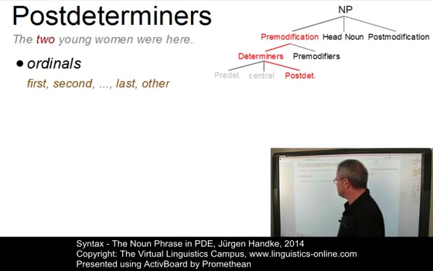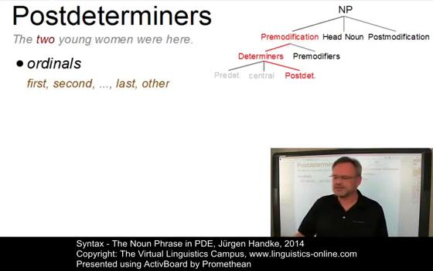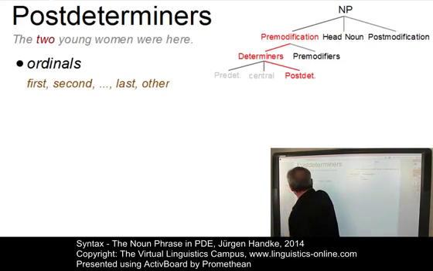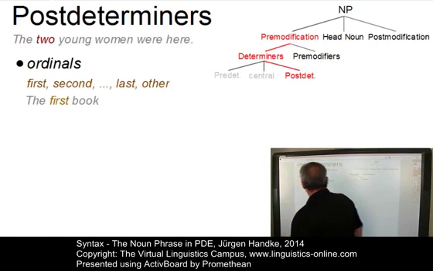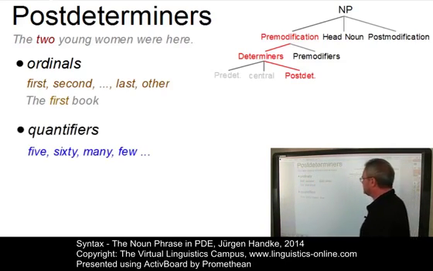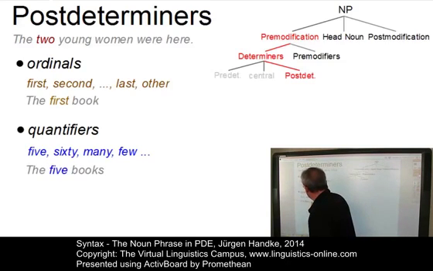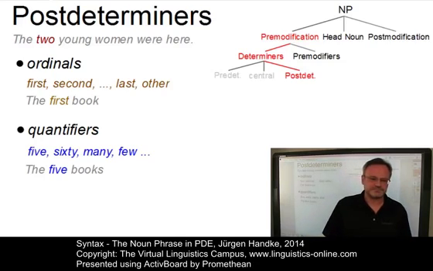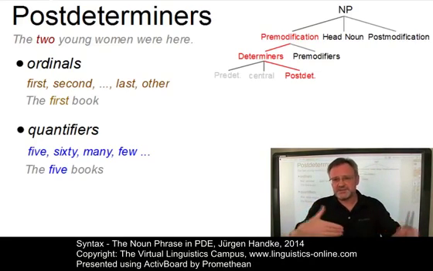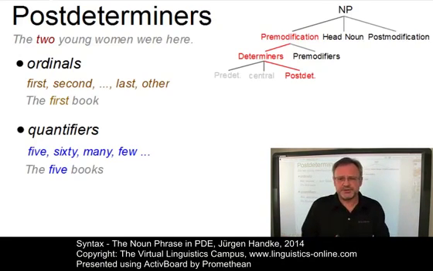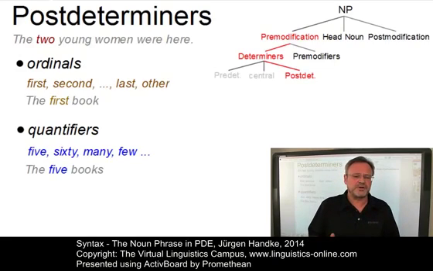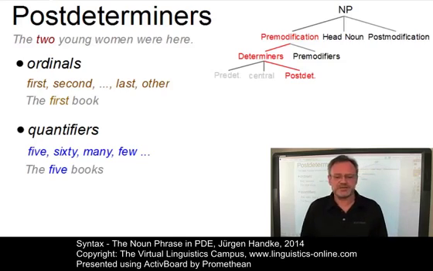The first class are the ordinals, such as first, second, last, other, as in the first book. And then we have the quantifiers, such as 5, 60, many, few, and so on, as in the 5 books.